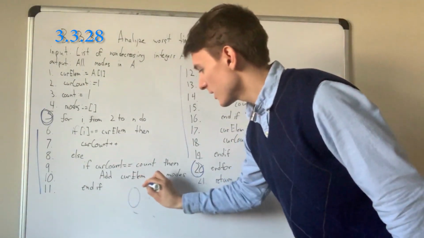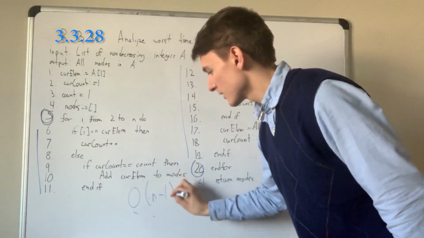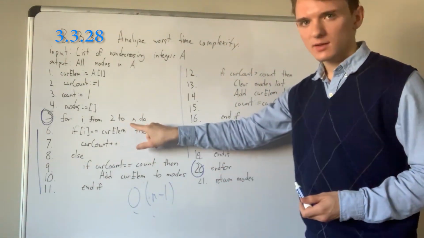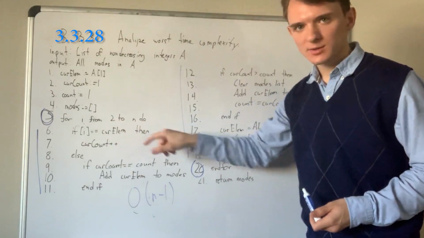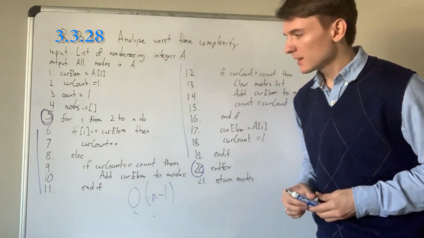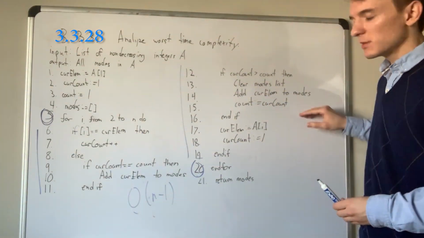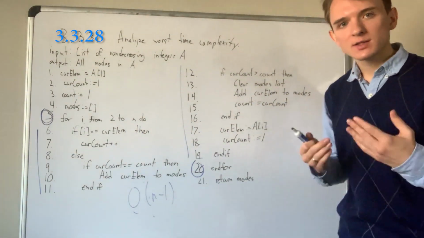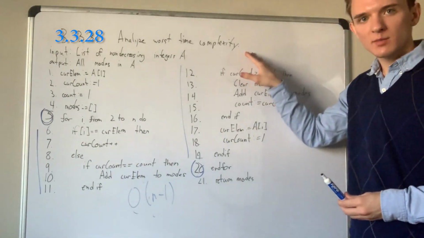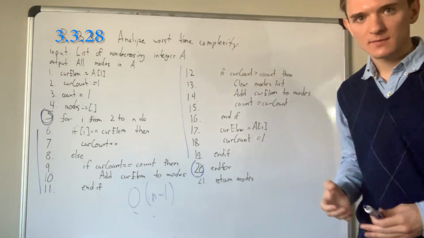So we have big O of n minus 1. It's n minus 1 rather than just n because we're going from 2 to n rather than from 1 to n. So the upper bound would be n minus 1. And again, these steps in between don't matter because they all have a constant runtime, so they don't contribute to our worst time complexity analysis.